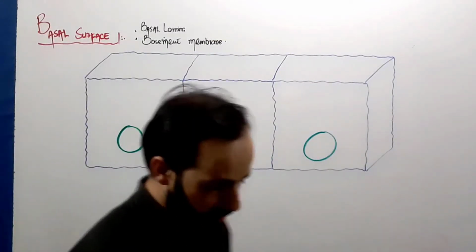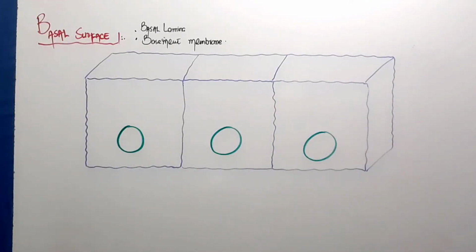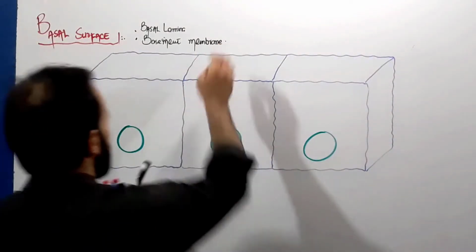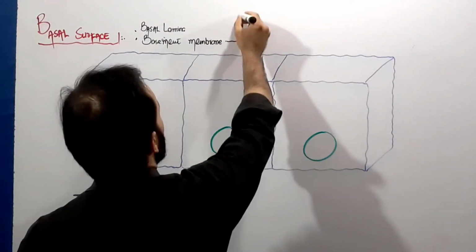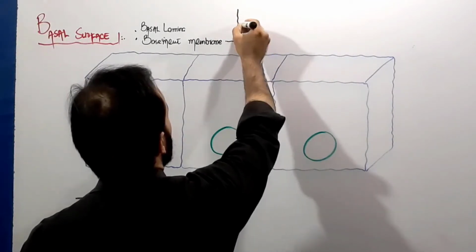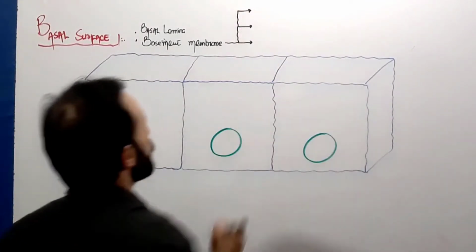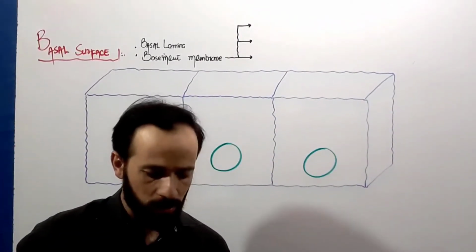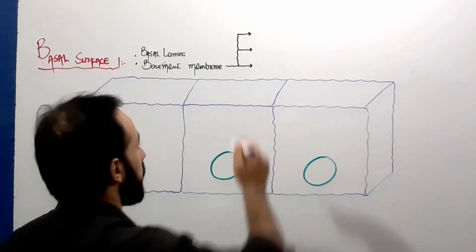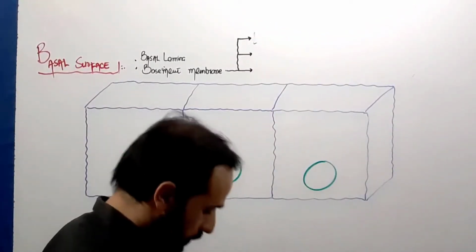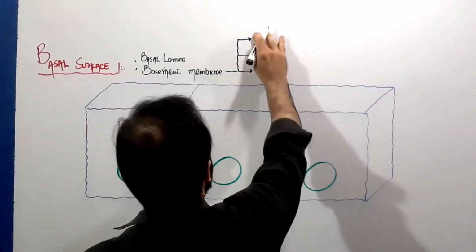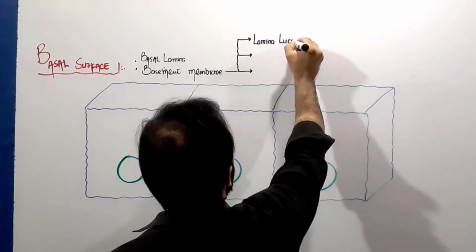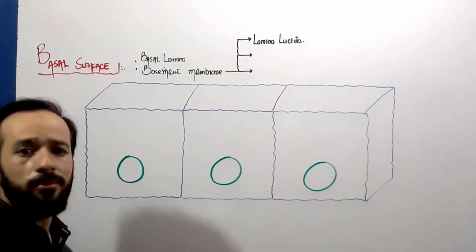Okay, first of all, this basement membrane is divided into 3 layers. The first layer is called the lamina lucida, and we will see what is in the lamina lucida.